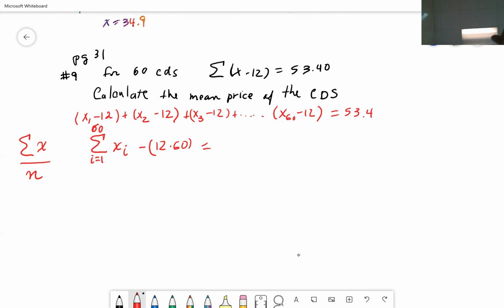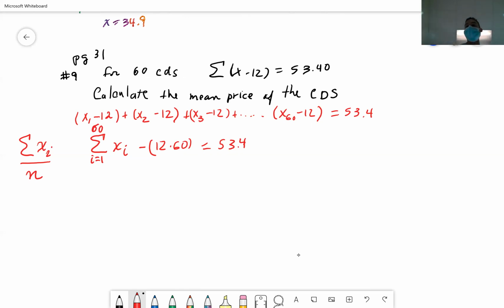It should get me 53.4. So if I can figure out my sum of x's, I would just divide it by 60. You see what I'm saying? If I can find out what the sum of x is, I would just divide that by 60 and I will get my mean, wouldn't I? That's it. That's all I would do.